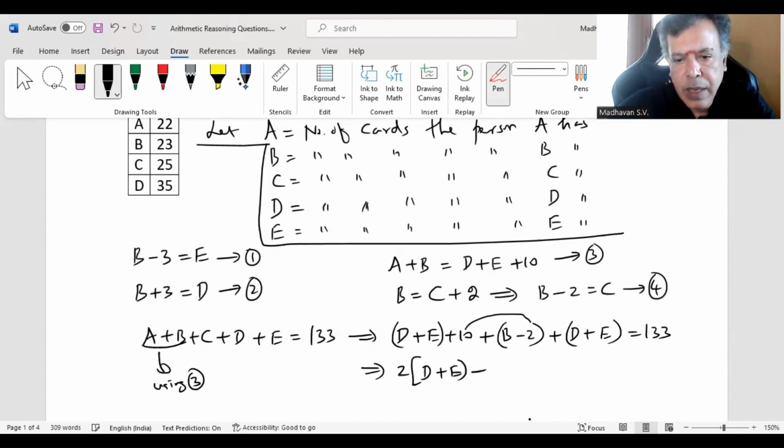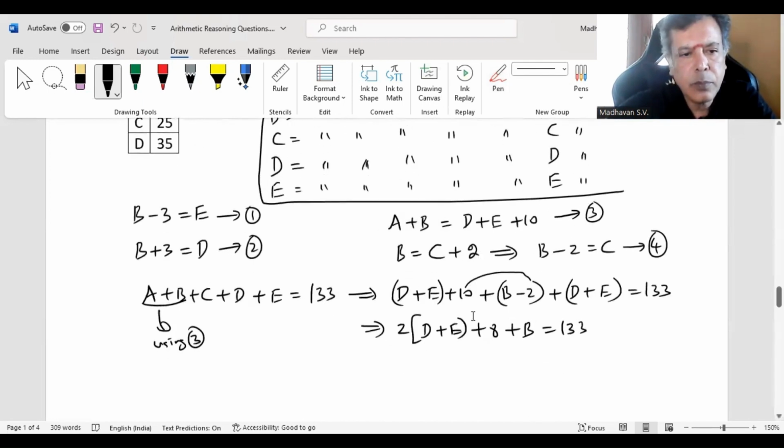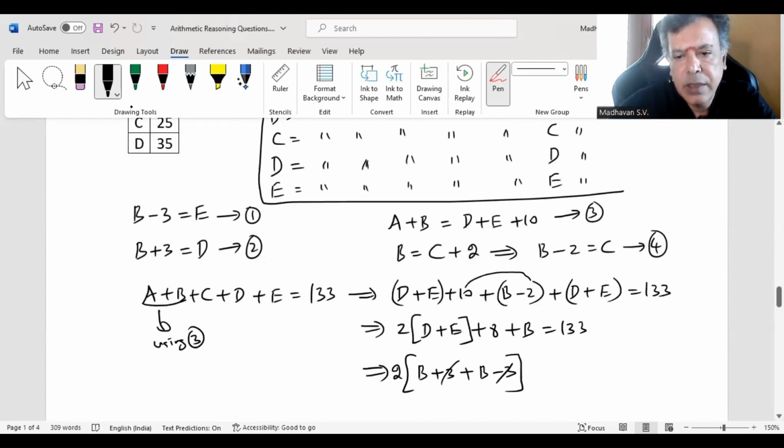So I can say 8 plus B is equal to 133. Now, 2 times D plus E will be 2 times D is B plus 3 from equation 2 and E is B minus 3 from equation 1. So this plus 3 minus 3 gets cancelled.